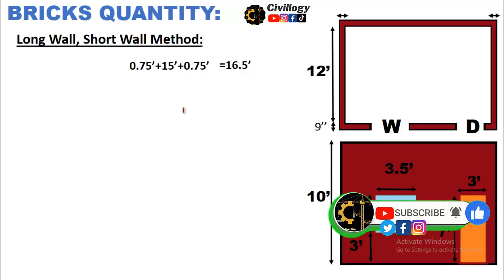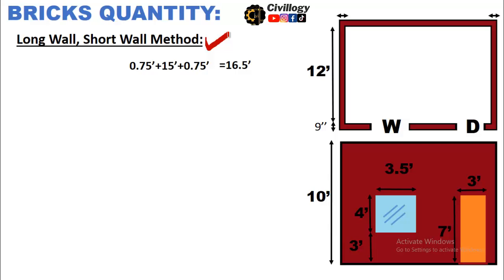Now let's adopt the long wall and short wall method. The method we are going to use to calculate the number of bricks is the long wall and short wall method. And the length of the long wall will be equal to, as I told you before, this 15 is the clear dimension or clear span of the room.